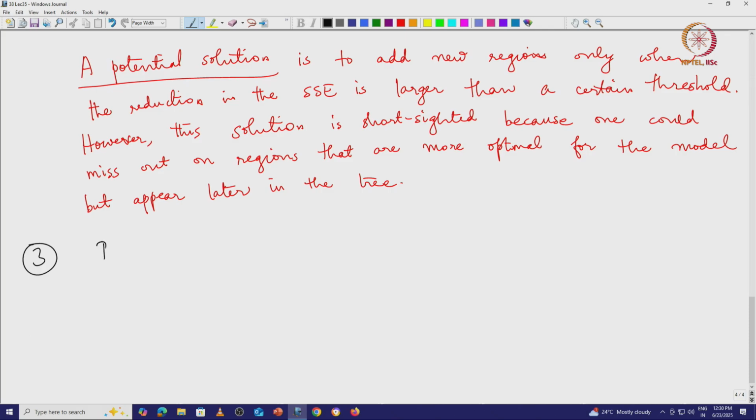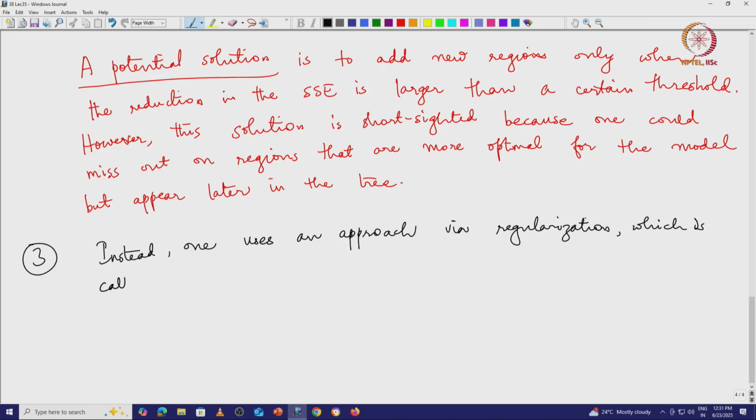So, instead one uses an approach via regularization, which is called cost complexity pruning or weakest link pruning.